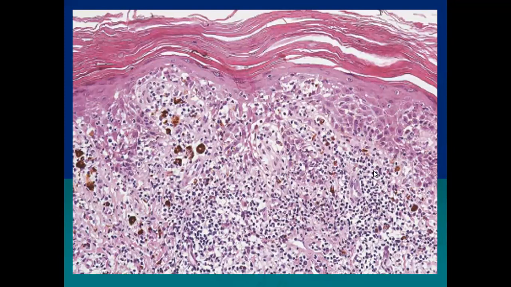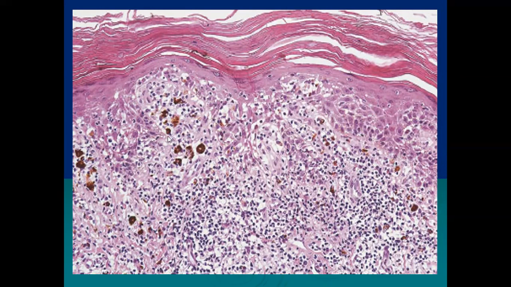This unique picture has two features. The first is, if we see from the top below, there is parakeratosis as well as hyperkeratosis. Then you notice lots of gaps between the keratinocytes, which are actually the spongiosis. Then you notice loss of basal layer.